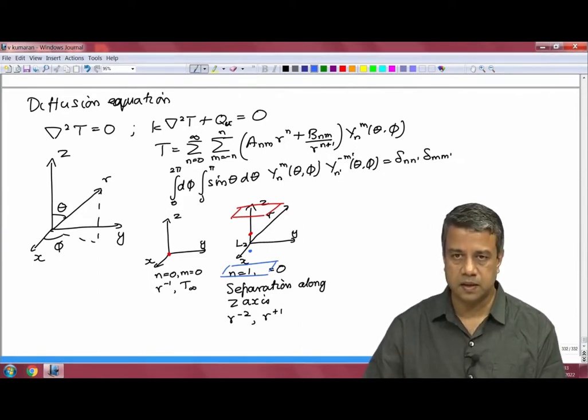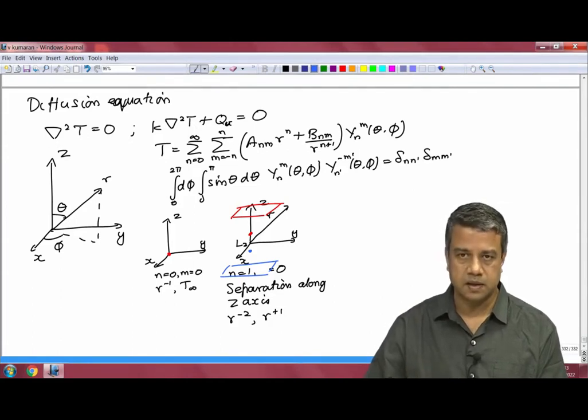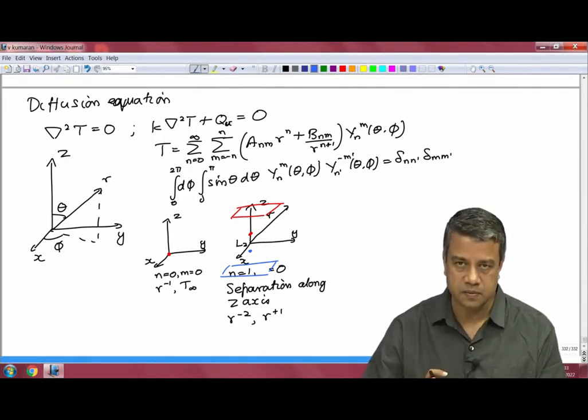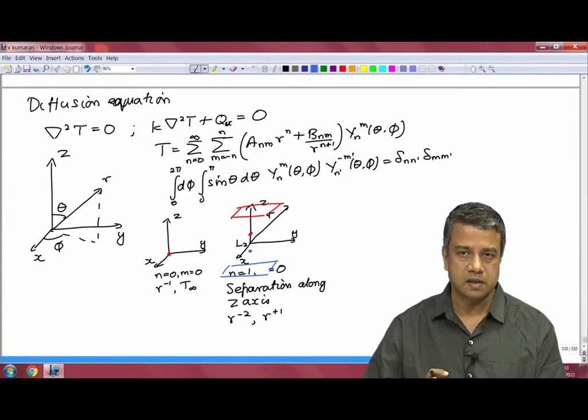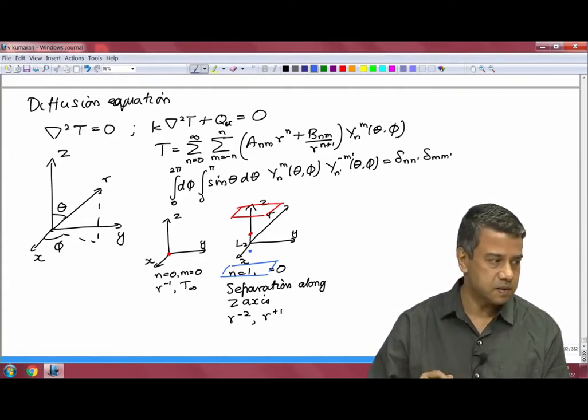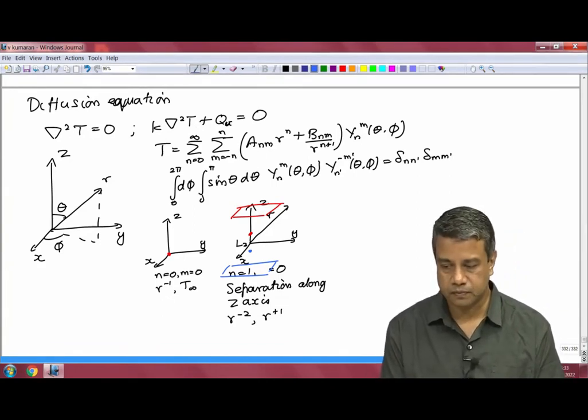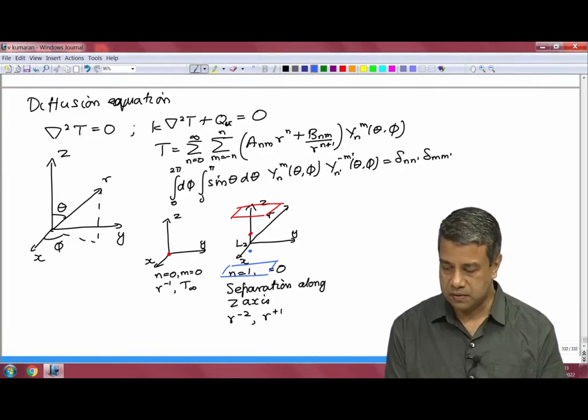Those are the growing harmonics, and the decaying harmonics are due to an infinitesimal separation of a source and a sink, such that the source strength times the separation is a constant. So that was for n equal to 1 and m equal to 0.